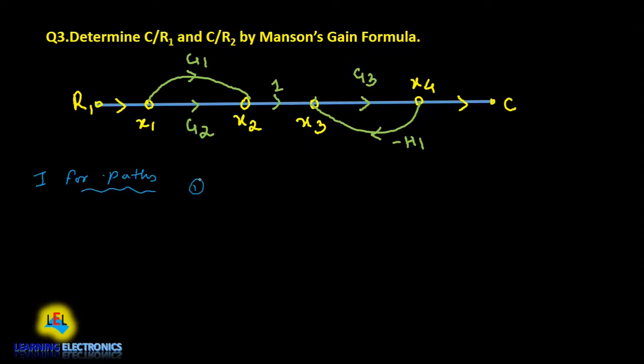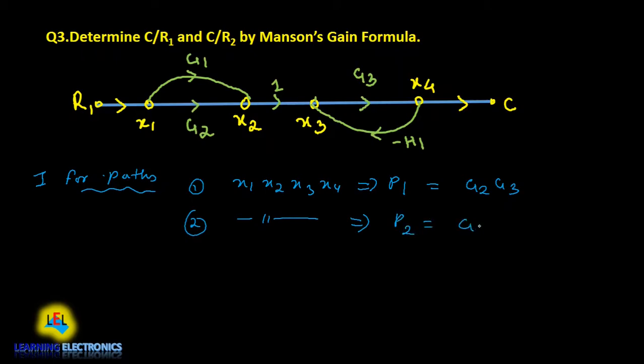The first forward path is x1, x2, x3, x4, and its gain is P1 equal to G2 G3. The second forward path is through G1, again x1, x2, x3, x4. The path will be the same but the path gain will be different: P2 is equal to G1 into G3.